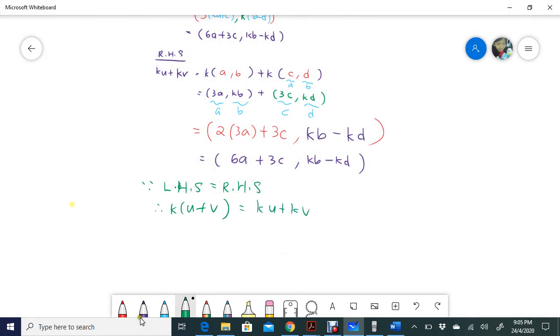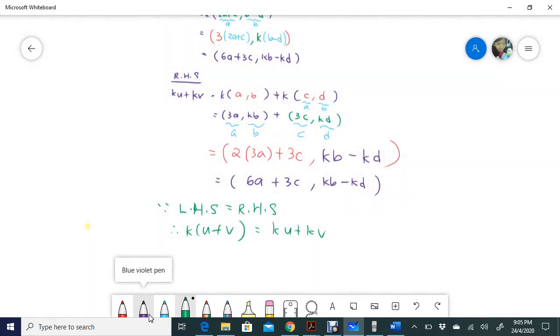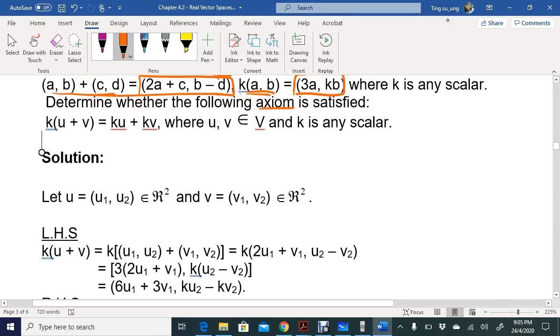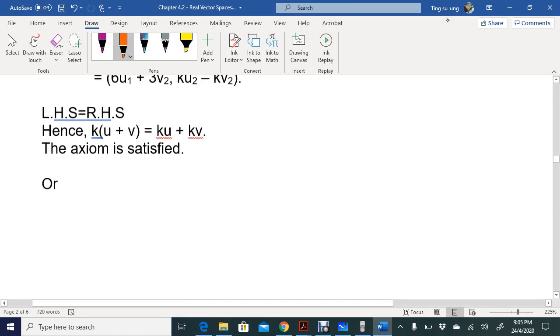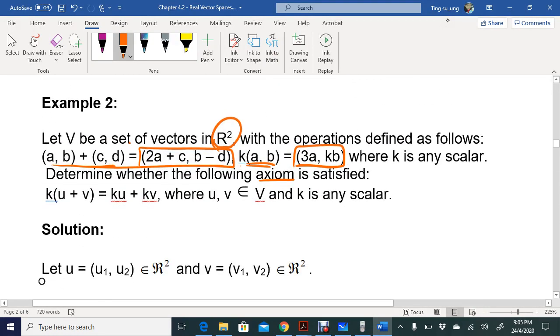So later you just write, the axiom is satisfied. So that's the answer. If not, you can also have U1, U2 as I showed you here. It can be done also, but I still prefer you to have A, B, C, D. Is that okay? Okay, thank you.